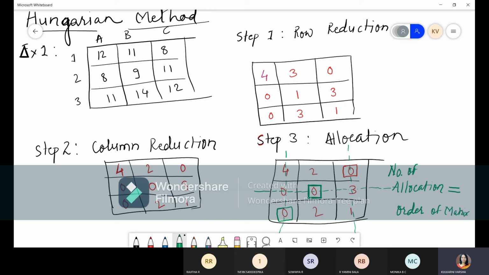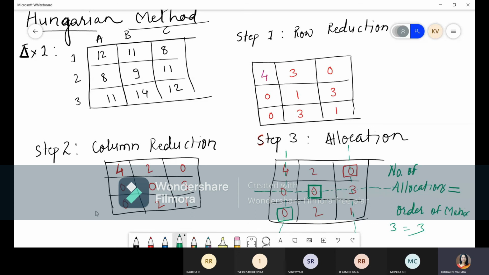Yes, 3. See, how many allocations? All which we have squared are nothing but the allocations. So this is one allocation, this is the second allocation, this is the third allocation. So the number of allocations is 3 and the order of the matrix is also 3. So if the number of allocations is equal to the order of the matrix, the algorithm stops. The algorithm terminates. That means the problem is solved.